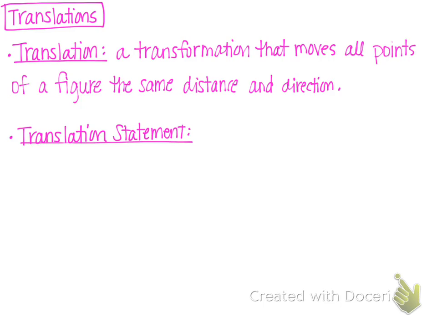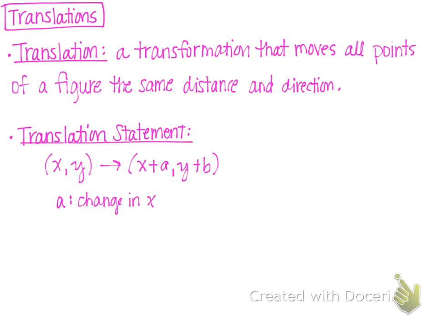So what we have here is a translation statement. So just like before, we have x comma y turns into x plus a, y plus b. Now, the a represents the change in x. So this is going left or right. And if you're going left, we subtract.